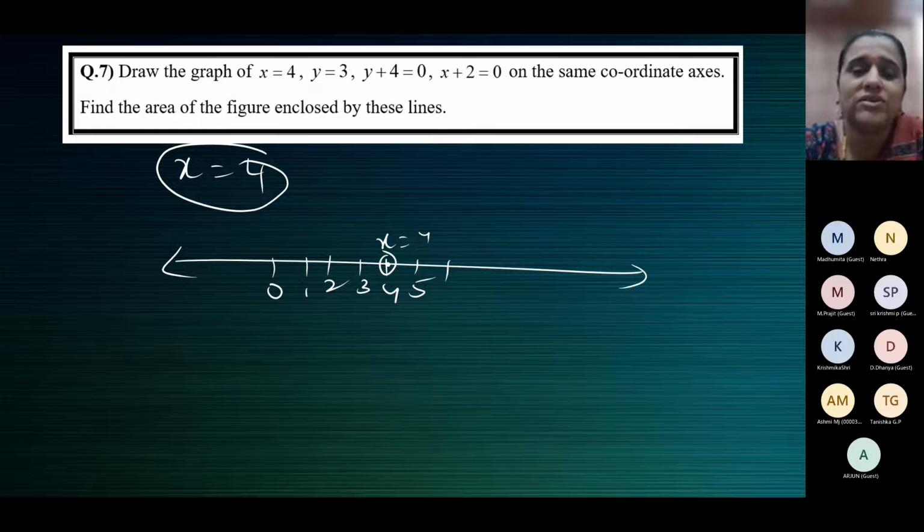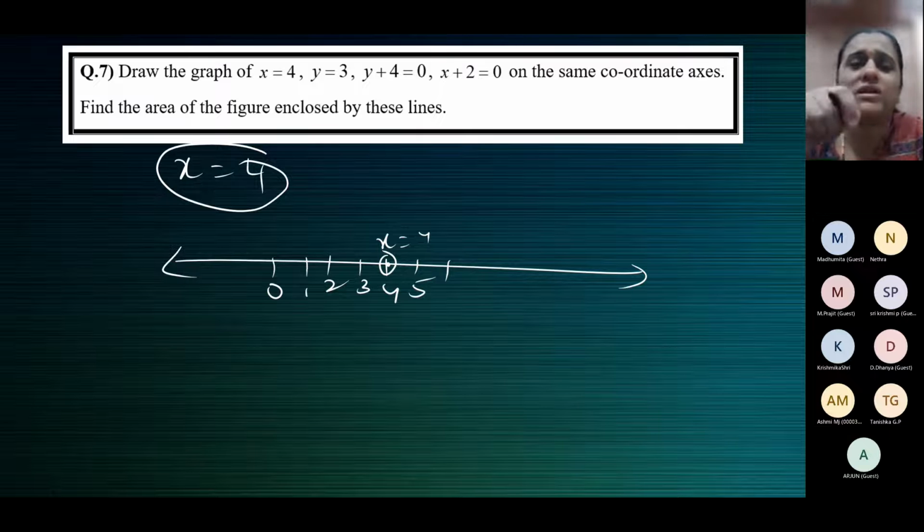That means their geometric representation is a point on the number line. Look at all the equations. They're all equations in one variable x or y. That means when you treat them as a linear equation in one variable x or y, their geometric representation is a point on the number line.